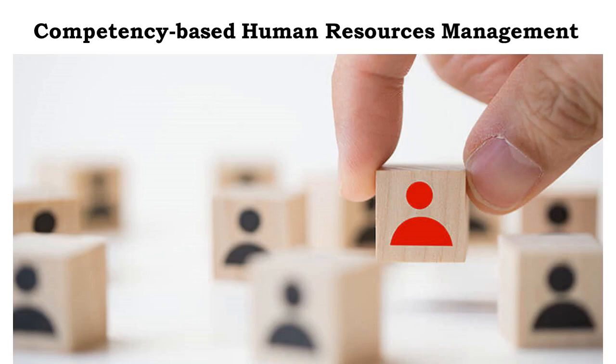We move on to competency-based human resources management. When it comes to human resource management, it traditionally has job analysis as its foundation that works like an operating system in a computer.